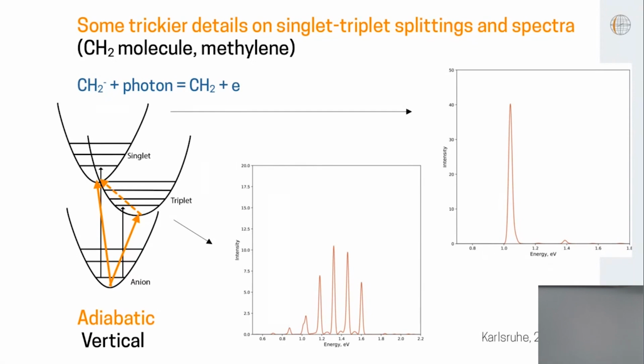So we see that the singlet state and the anion singlet are very similar. Therefore, we just get one line, which is from the ground state here to the ground state here. And for triplet, they are different. Therefore, we get a forest of lines of different intensities. So to get to the adiabatic, we need to understand which line is which, which vibrational state it corresponds to, and then we go to 0,0.